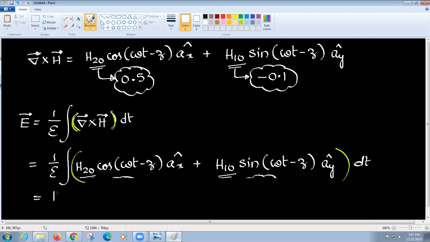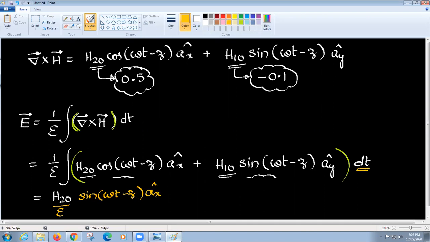So let me take it down like this. H20, let me take another color, divided by epsilon. What is the integration of cos? Integration of cos is positive sine. So you get sin(ωt − z), and of course you have ax roof.